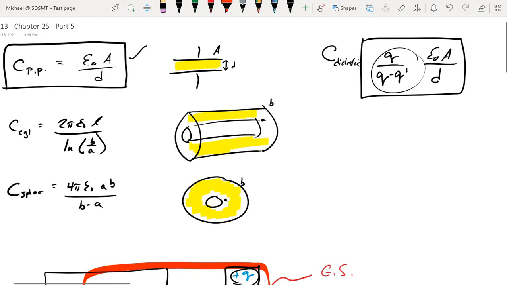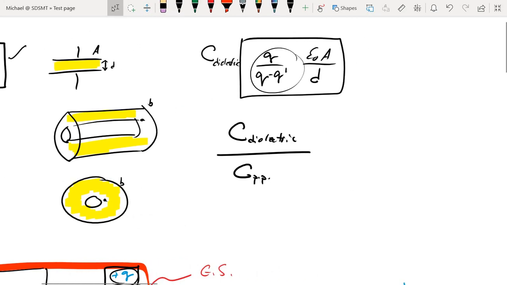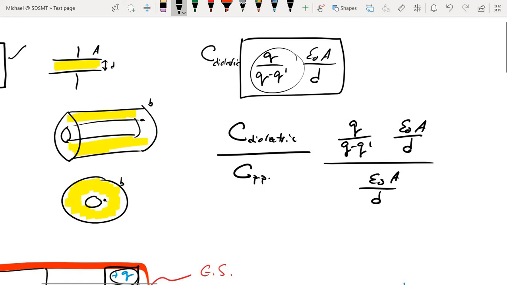If we take our dielectric capacitor and compare that to a parallel plate capacitor that has the exact same dimensions, so this is our dielectric capacitor, and this is the empty parallel plate capacitor, which has the same dimensions.